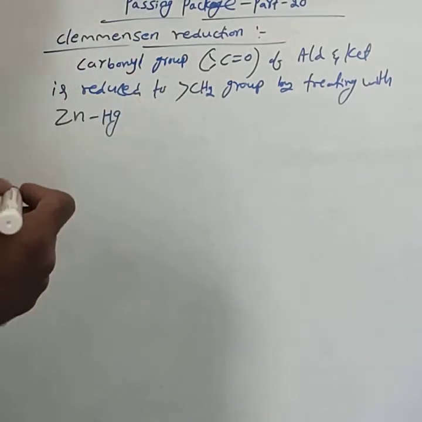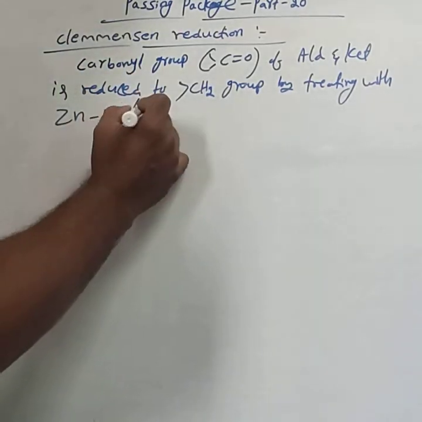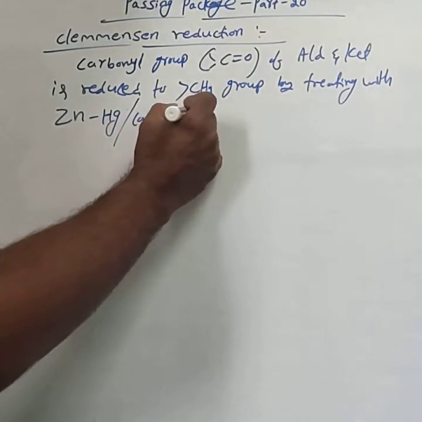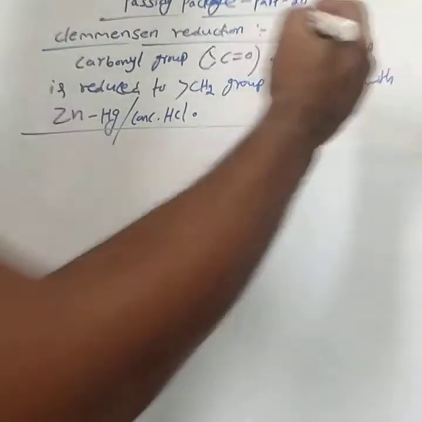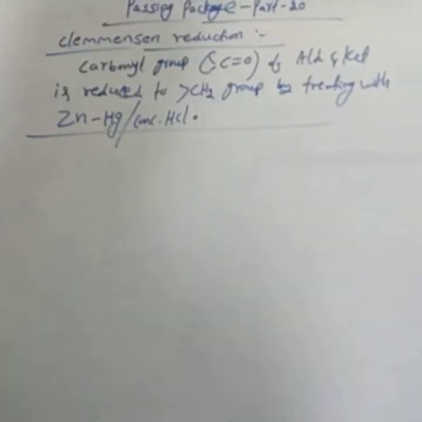Amalgam means mercury. Zinc amalgam in concentrated HCl. This reaction is called Clemmensen reduction.